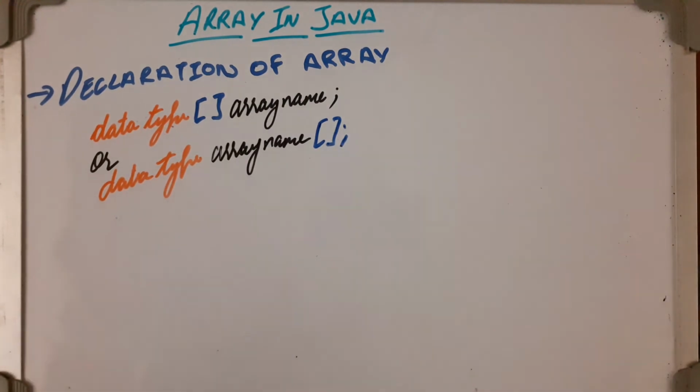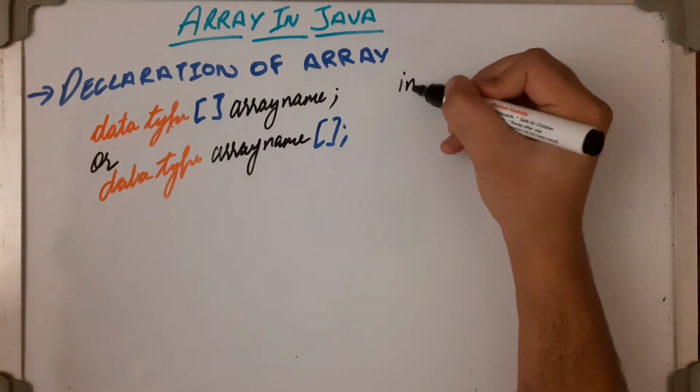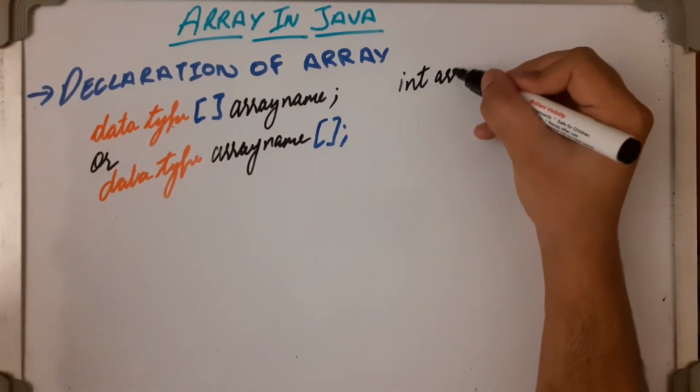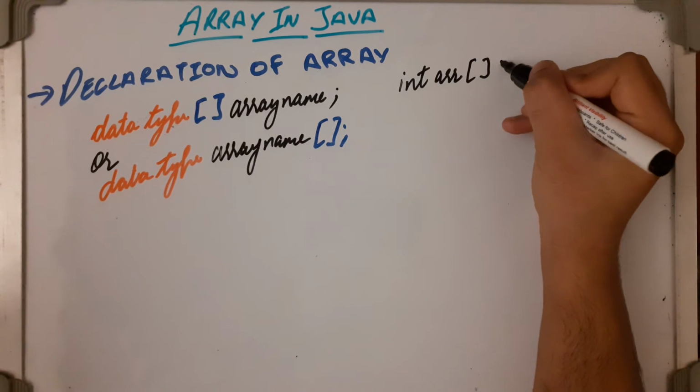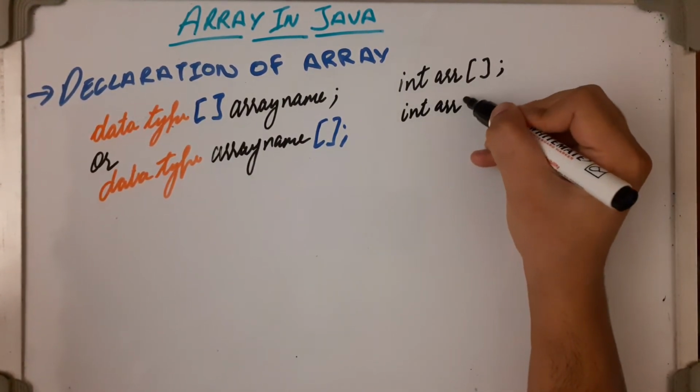Okay, as you can see how it is different from a normal variable declaration. Suppose I'm defining an array here, int[] arr. This is an array, and when I'm defining a normal integer variable, I'm defining int arr.